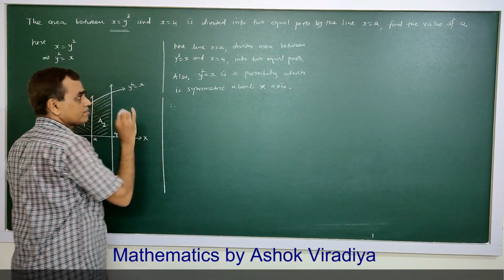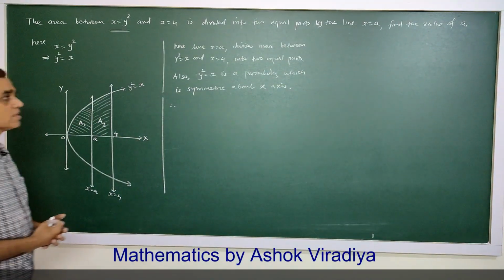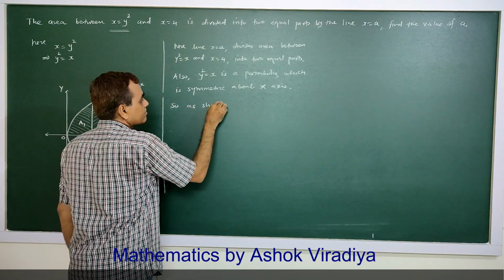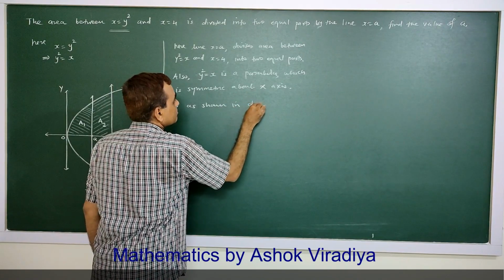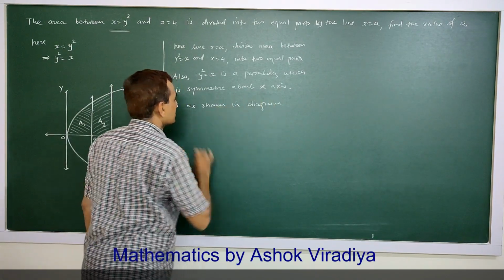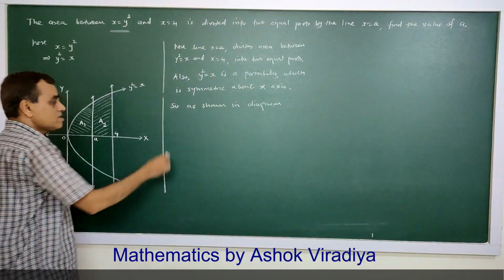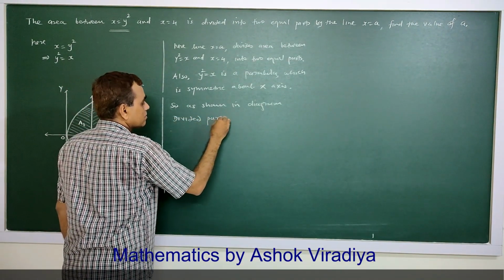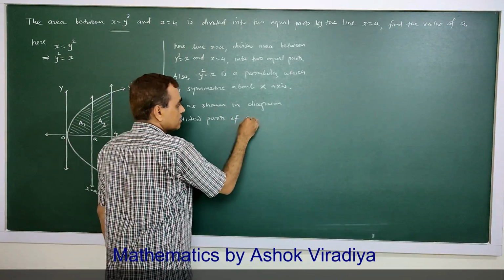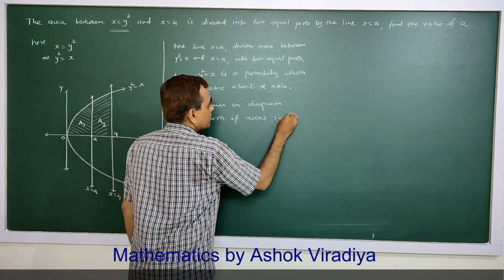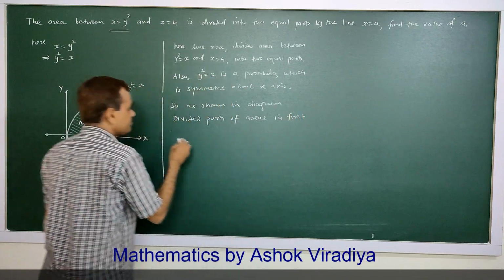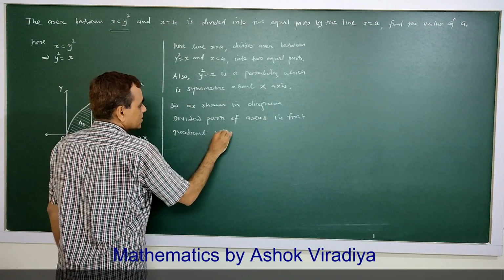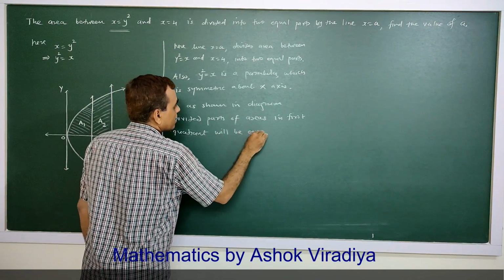Therefore, as shown in the diagram, the divided parts of areas in the first quadrant will be equal.